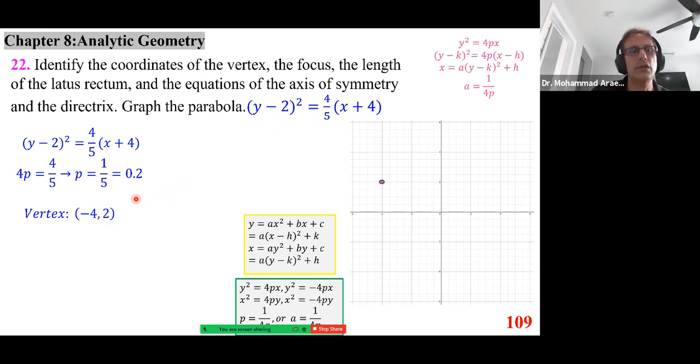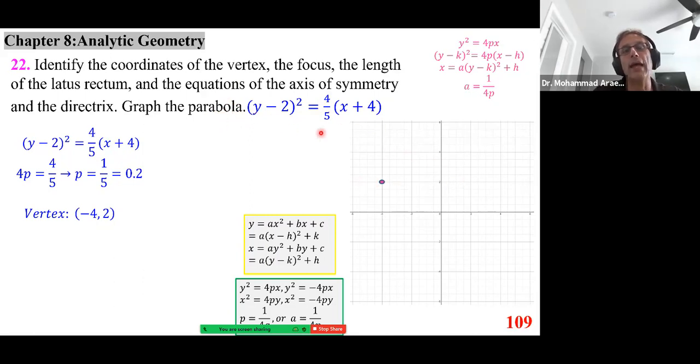So here's the vertex. By the way, you may recognize that this opens up or down or right or left. Because y has degree 2, it opens sideways. If you take the 4/5 to the other side, it becomes times 5/4, which is positive. So it opens to the right.